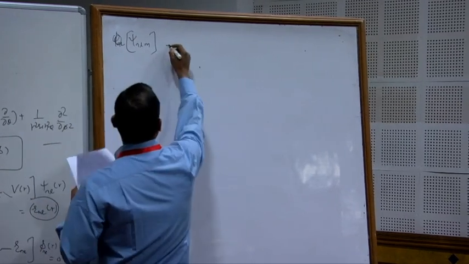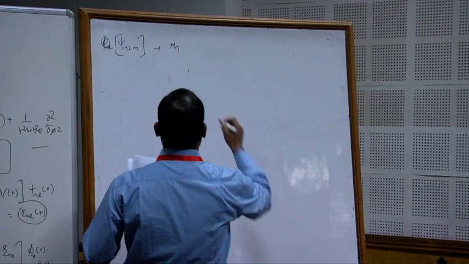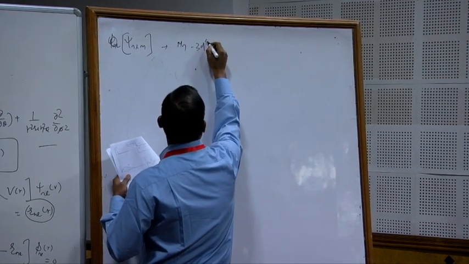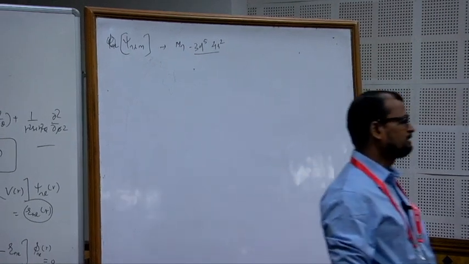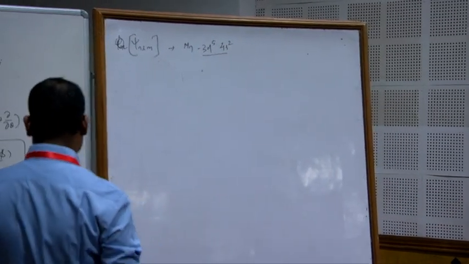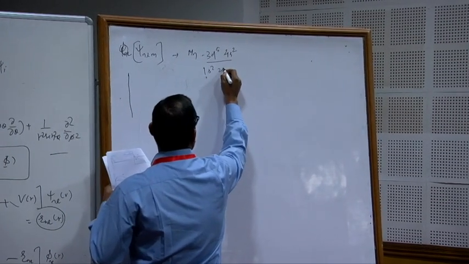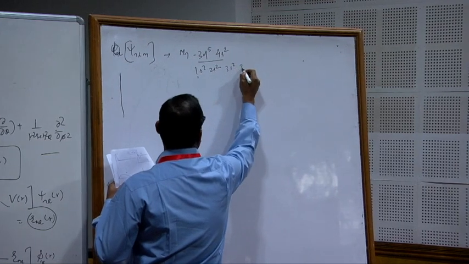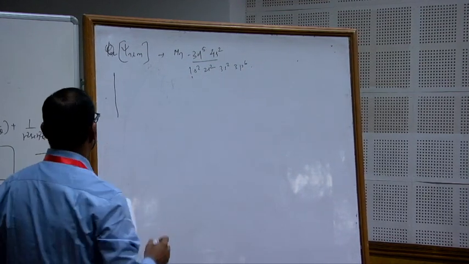Right. I have taken the example of manganese. So it has a 3d5 4s2 configuration. Let me plot these wave functions. And of course it has 1s2, 2s2, 3s2, 3p6, and so on and so forth.